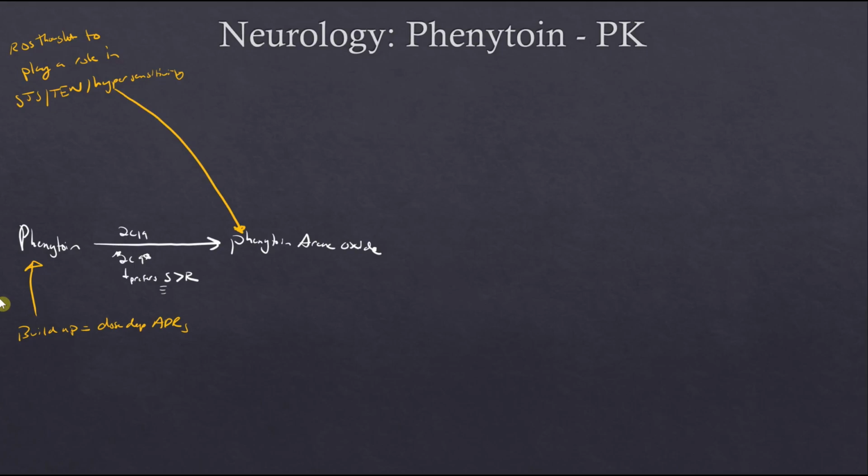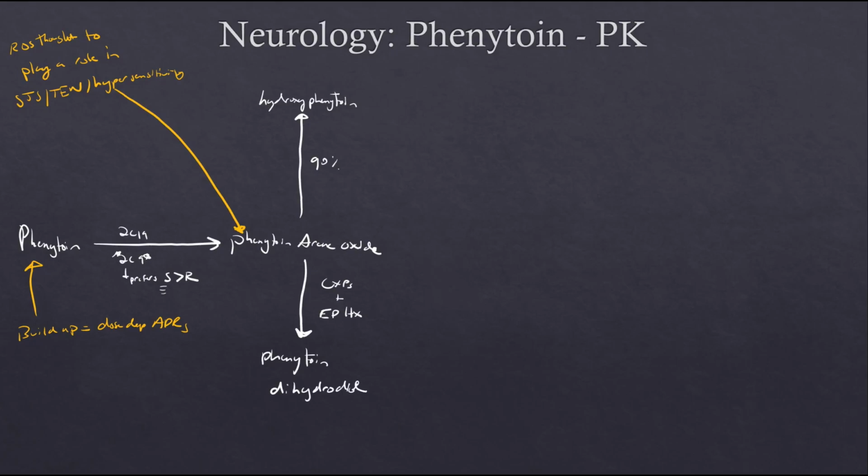Let's go ahead and finish up the metabolism of phenytoin. And the phenytoin-arene oxide, actually about 90% of it gets metabolized into hydroxyphenytoin, while only 10% gets metabolized into this alternative form, phenytoin dihydrodiol.